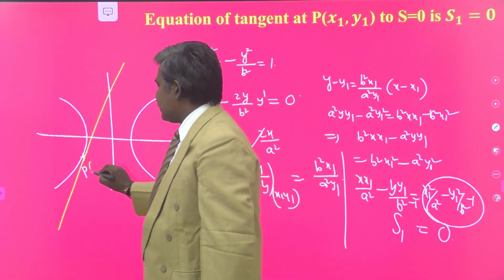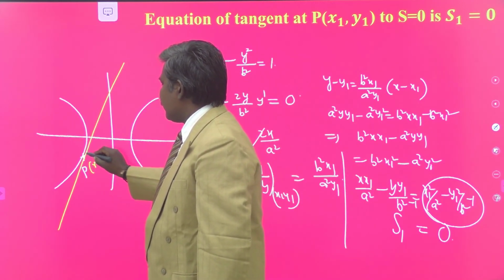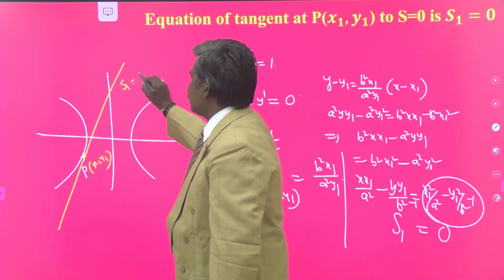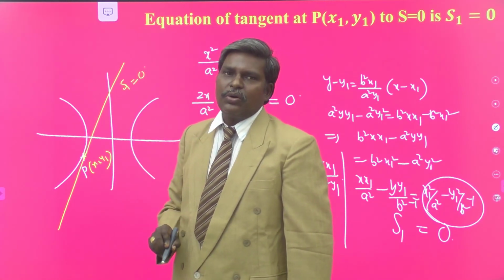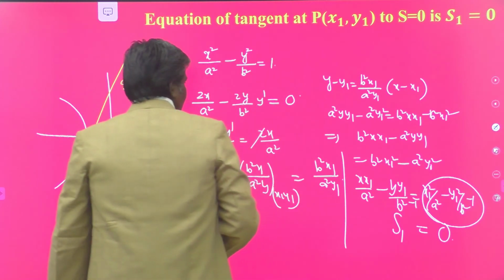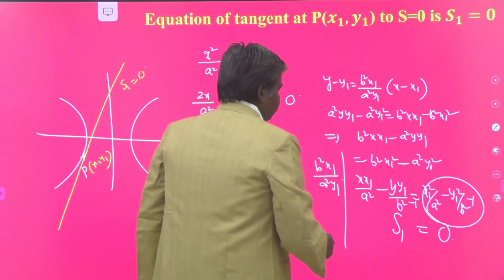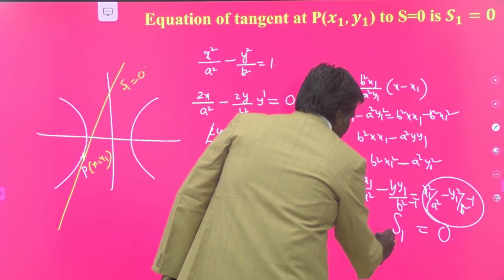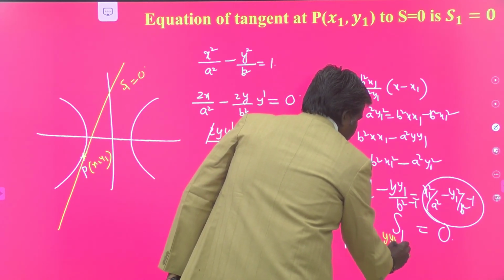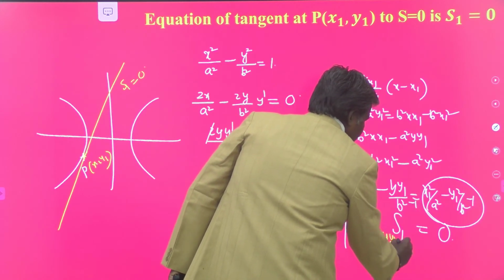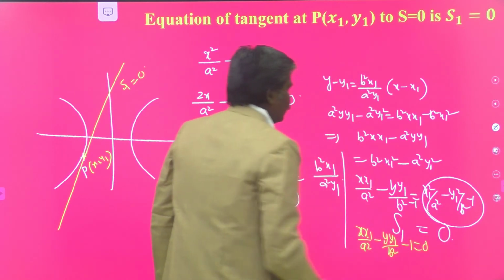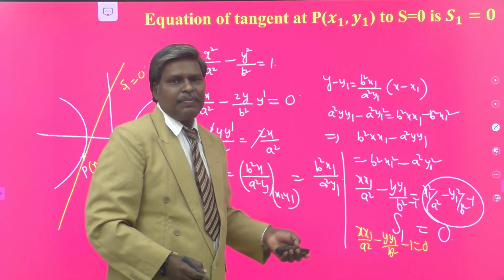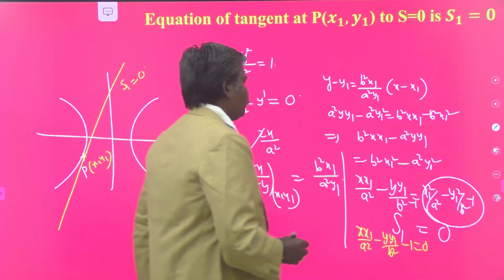The particular tangent at (x1, y1) to your hyperbola has the equation S1 is equals to 0. So what is S1? x x1 by a square minus y y1 by b square minus 1 is equals to 0, or equals to 1 you may write. This is the formula for S1 in the chapter hyperbola.